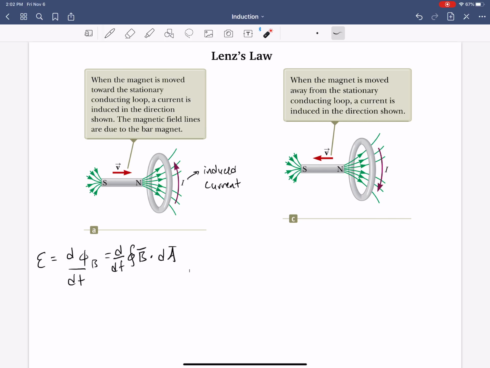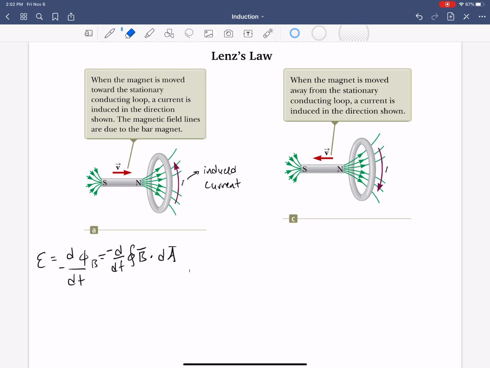I know I keep saying that, but that's important, right? It's reversed to the normal direction of the right-hand rule because of Lenz's law. And Lenz's law is simply the fact that you can put a minus sign in front. That's all Lenz's law is.